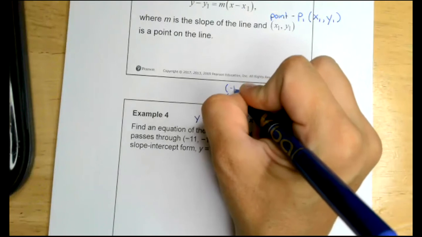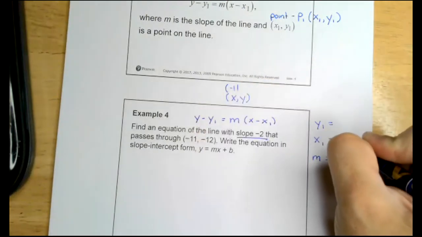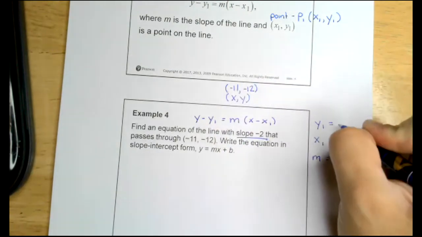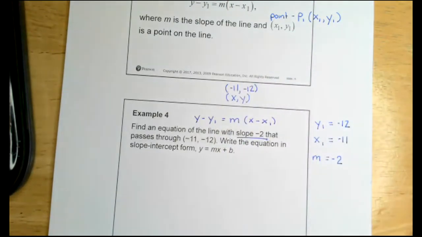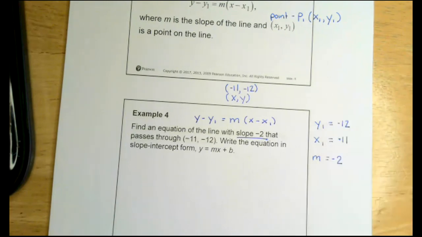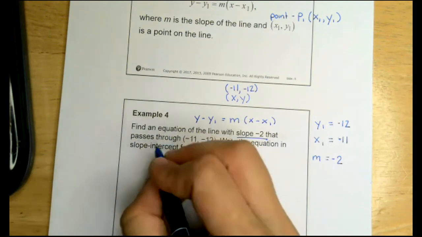The point is always written as x, comma, y, right? So that means -11 is our x, and -12 is our y. And it just has that small 1 because it's our first point. It's the point we know, okay? So let's rewrite this.